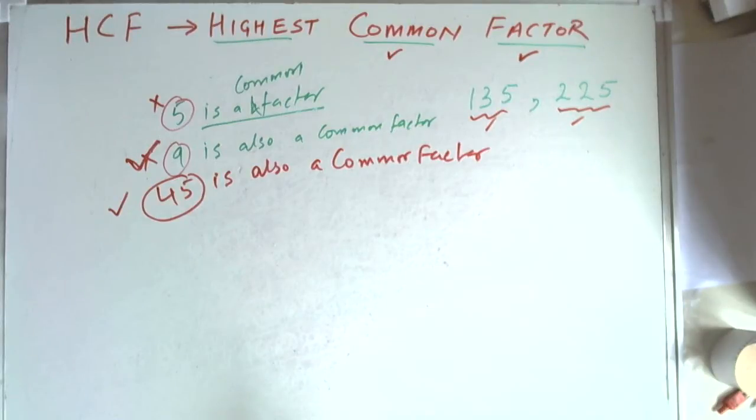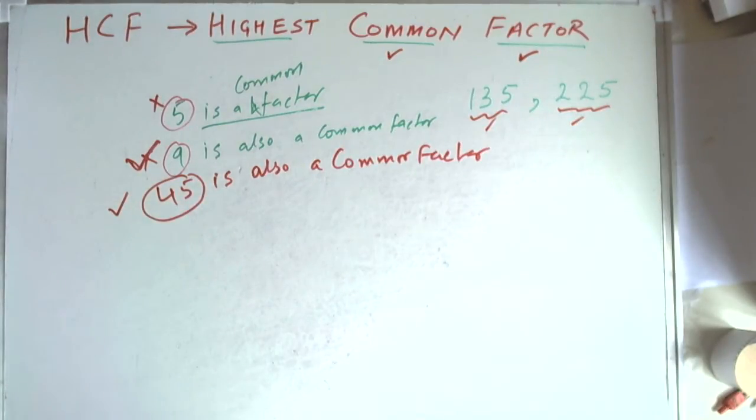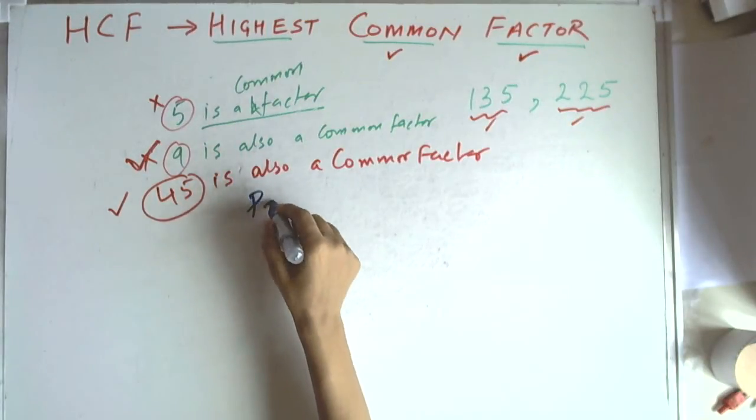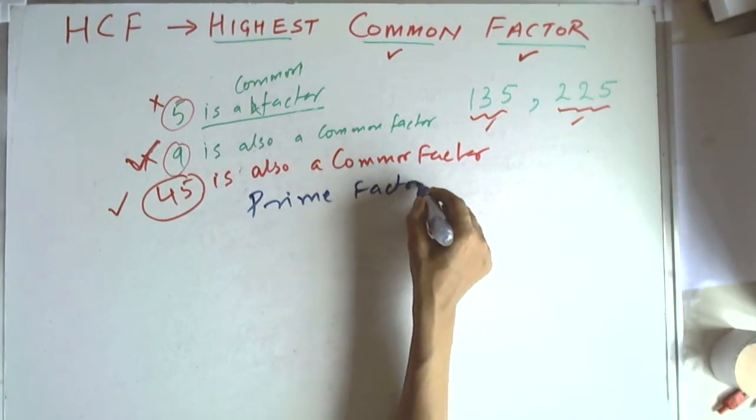Now the question is, is there a systematic method? Is there an algorithm, a set of steps which we can follow to determine the highest common factor? And the answer is yes. There is a very systematic way of doing it, and that method is called prime factorization.